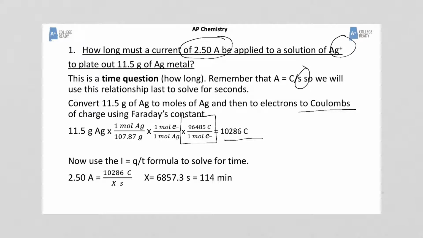You could have gone on with dimensional analysis. I'll just show you that. Instead of doing this other set, you could have actually plugged in 2.5. We said it's 2.5 amps, which is also 2.5 coulombs per second. So if I invert that, coulombs cancels out.